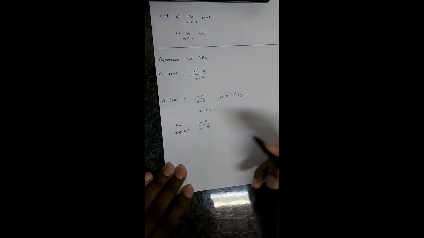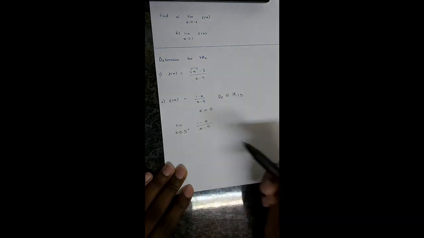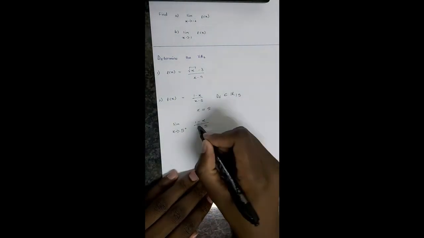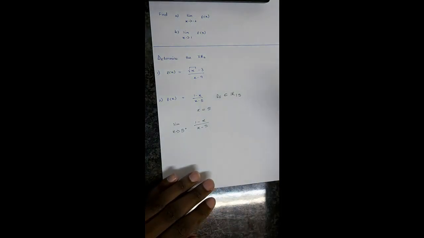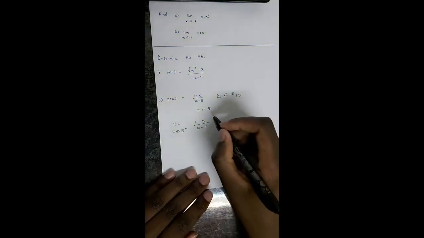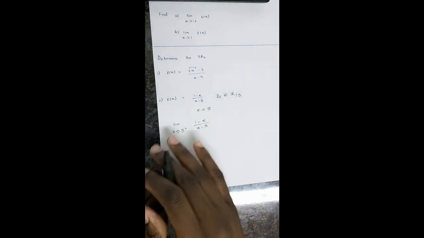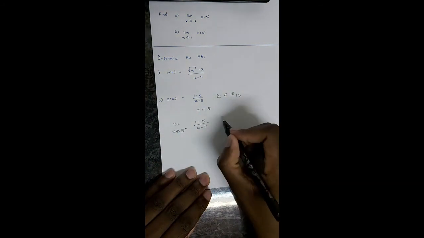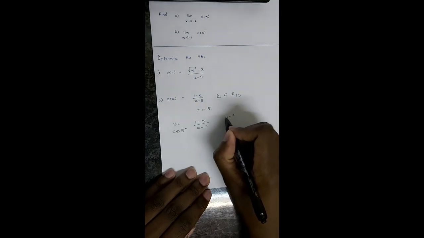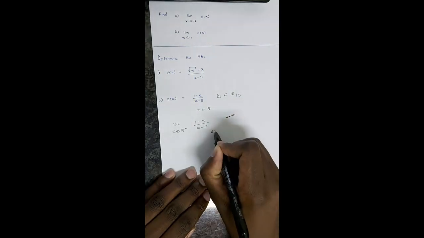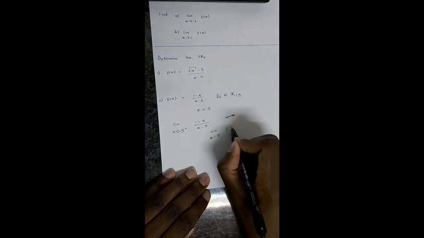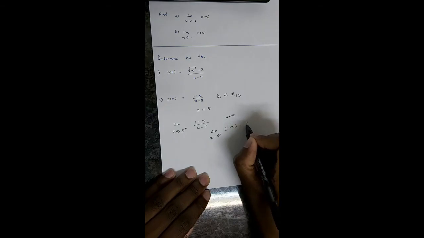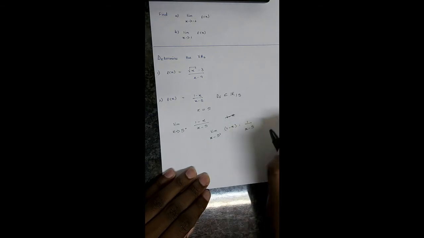So by direct substitution, we're going to get 1 minus 5 over 5 minus 5, which is negative 4 over 0, which is undefined. So what we can do here is separate the functions. Let me just write it as the limit as x approaches 5 from the positive of 1 minus x times 1 over x minus 5.